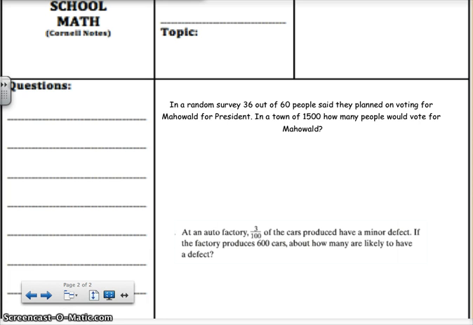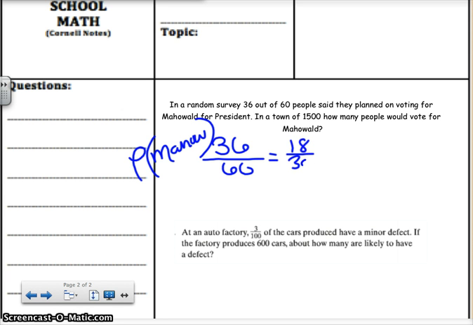All right. So I need to find the probability of the event happening. So I say the probability of Mahowald is 36 out of 60. Okay. 36 out of 60 are pretty big numbers. I'm going to simplify it a little bit. 18 over 30.